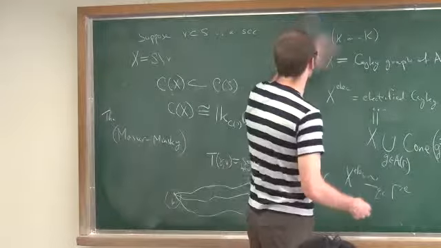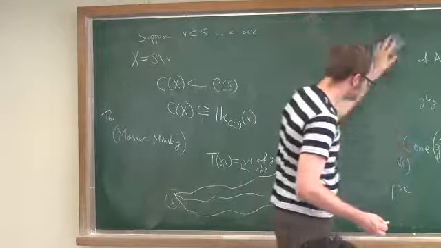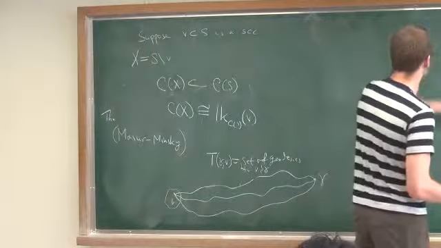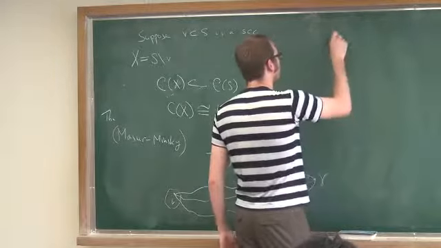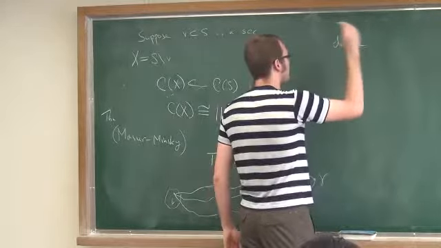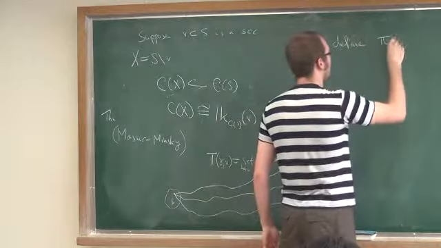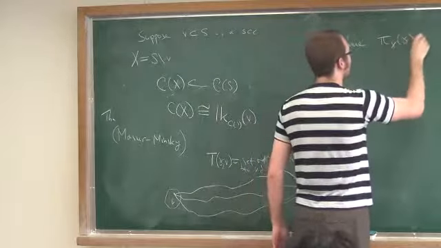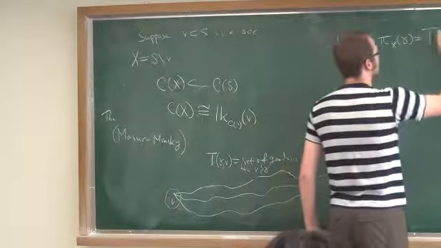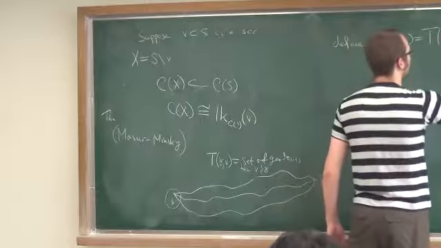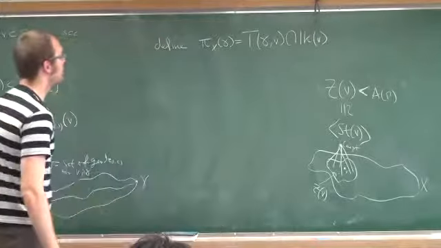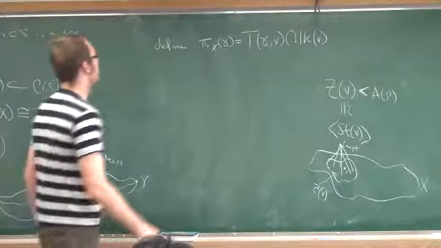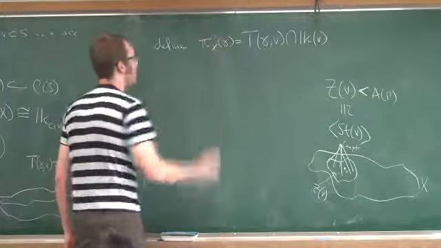And so what you can do is define pi X of gamma to be T gamma V intersect the link of V. I'll write this as pi prime.